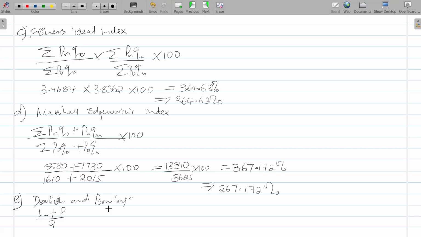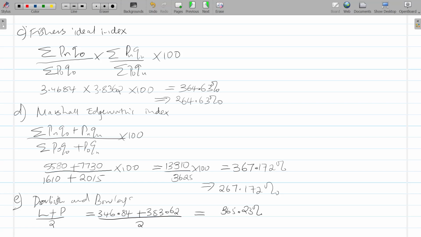The formula is L plus P over 2. L means Laspeyres index, P means Paasche index. So once you have gotten Laspeyres index and Paasche index, you just add, divide by 2, you will end up with Dorbish-Bowley index. What was our Laspeyres index number? It was 346.84%, and the one for Paasche was 383.62%.